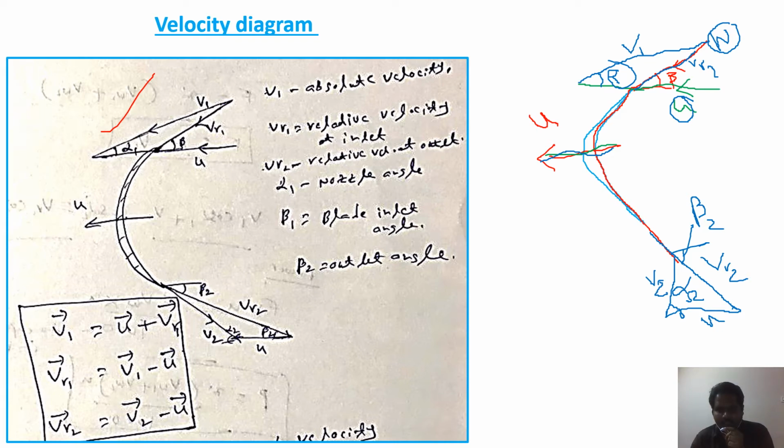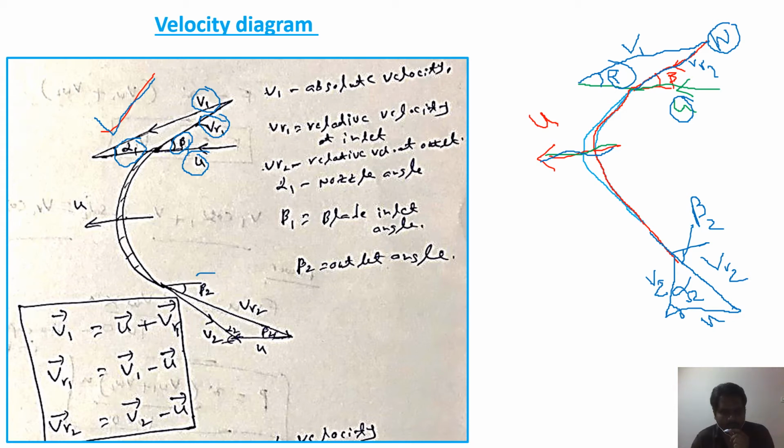Since I have used the cursor, I am not able to draw clearly. Here you can see I have already drawn the velocity diagram. Here you can see all the different velocities and angles. v1 is the absolute velocity, vr1 is the relative velocity at inlet of the blade, alpha 1 is the nozzle angle, beta 1 is the blade angle at inlet, u is the velocity of the blade.